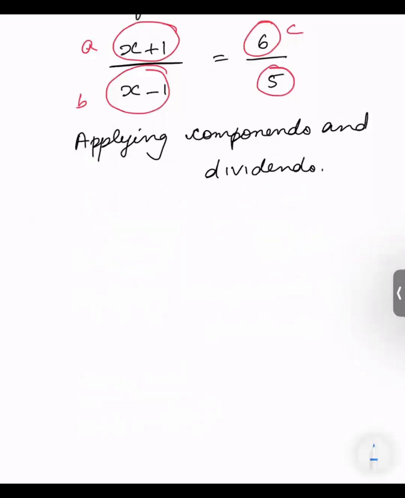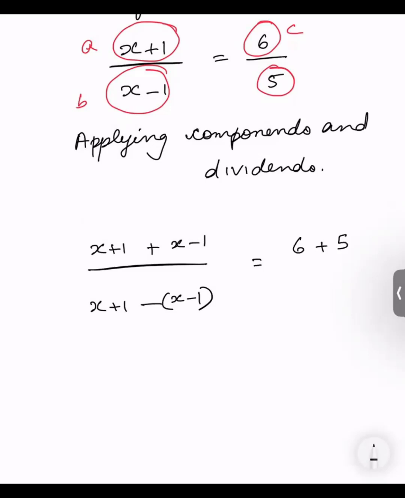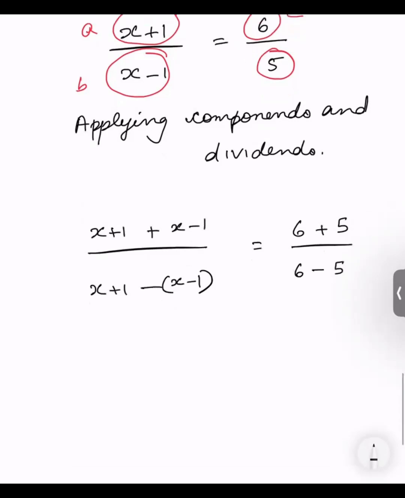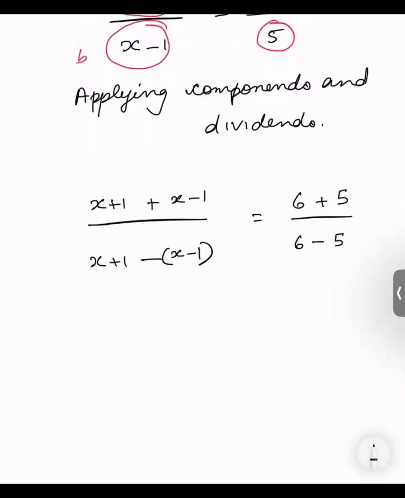Here, when I apply componendo and dividendo, I will get x plus 1 plus x minus 1 divided by x plus 1 minus x minus 1 in brackets. This is equal to C plus D, which means 6 plus 5 divided by 6 minus 5, because I want C minus D. Now x plus x will give me 2x, and plus 1 and minus 1 will get cancelled.